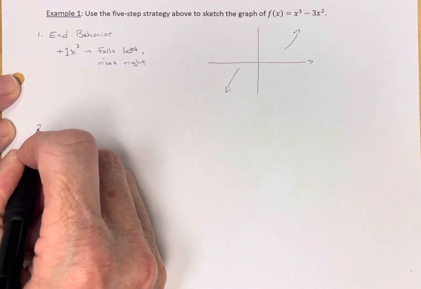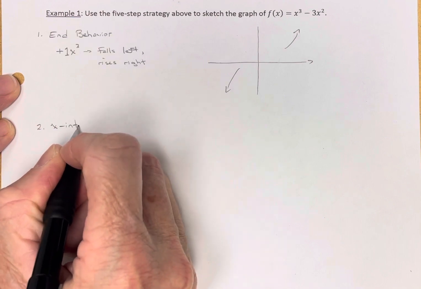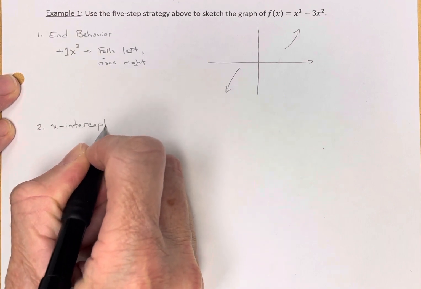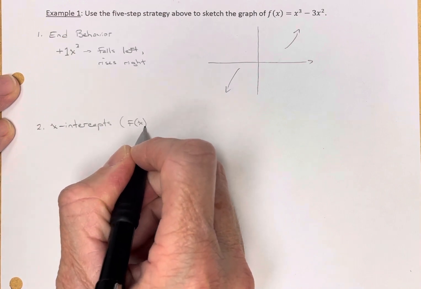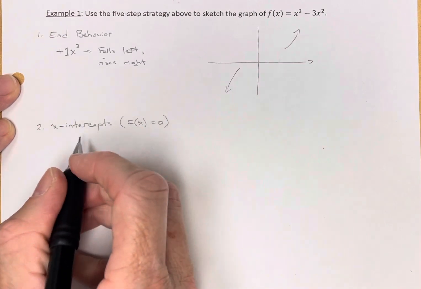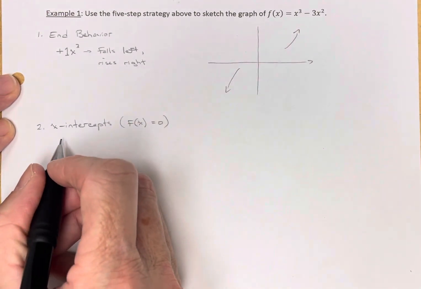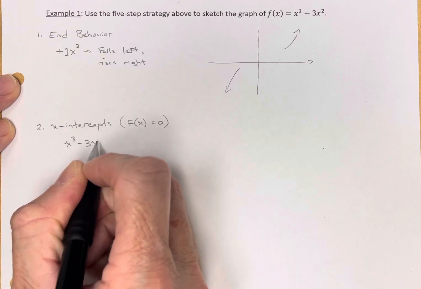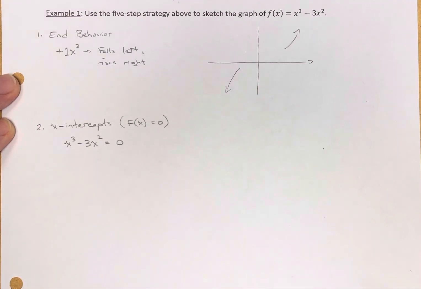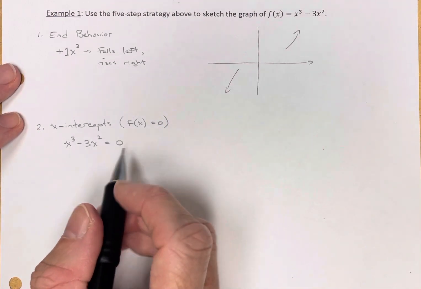Okay, second step would be our x-intercepts, and this, of course, is when f of x is equal to 0. So let's take our function, x cubed minus 3x squared, and set it equal to 0. Let's do some factoring to see if we can come up with our zeros.